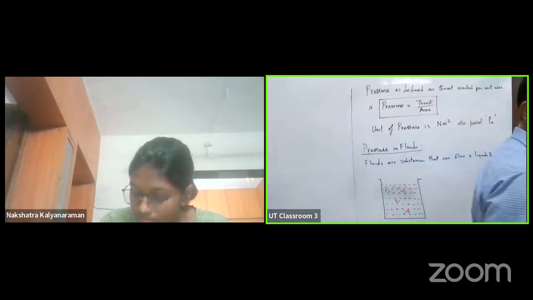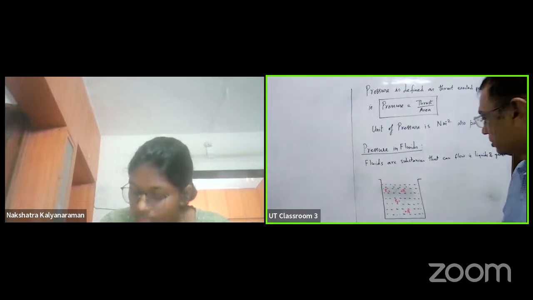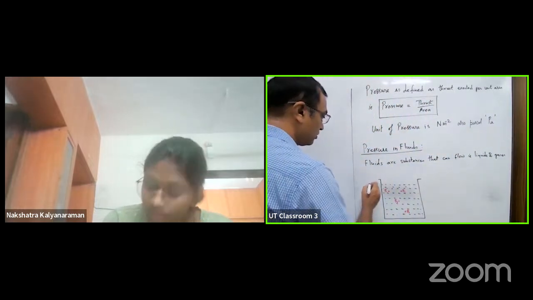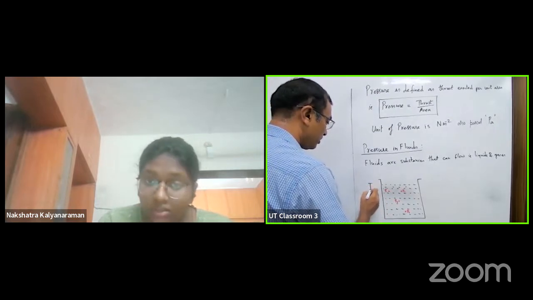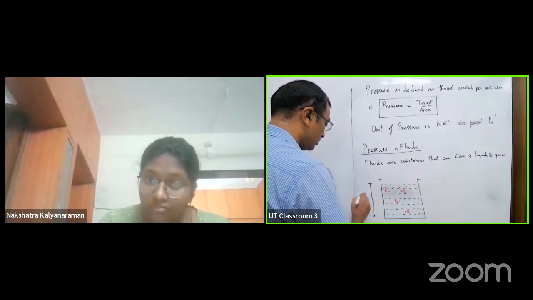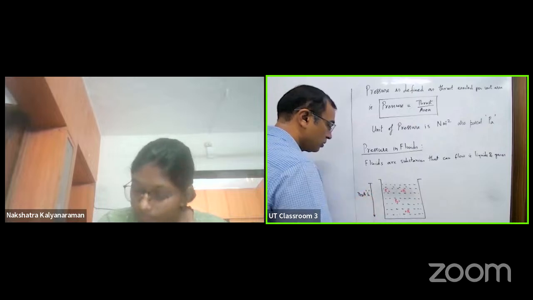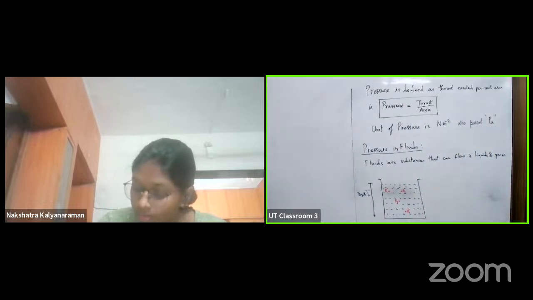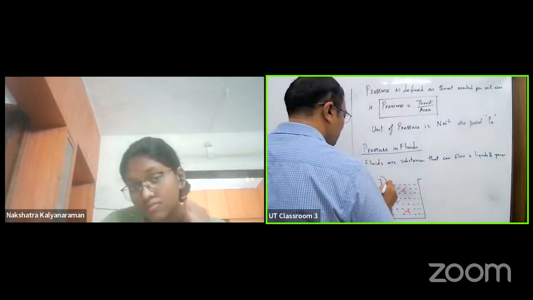So we have four points, right? Now, as you go down, this is called depth. Depth is indicated by h, height or depth, right? The depth is measured from the free surface of the liquid.